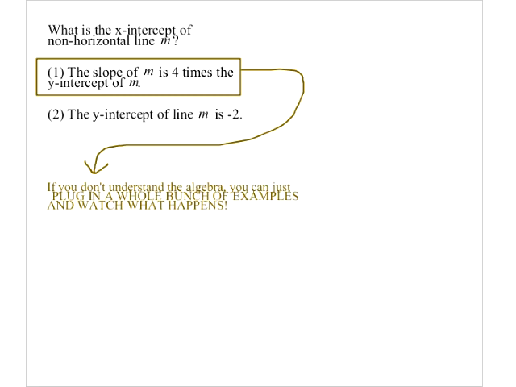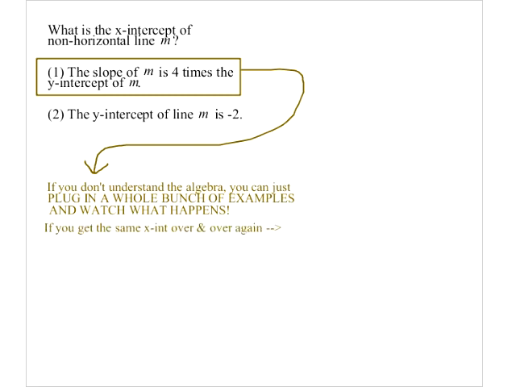So if you just plug in a bunch of lines, and you keep getting the same x-intercept over and over again, then you would pick sufficient. And if you ever get two different x-intercepts, then you pick insufficient.